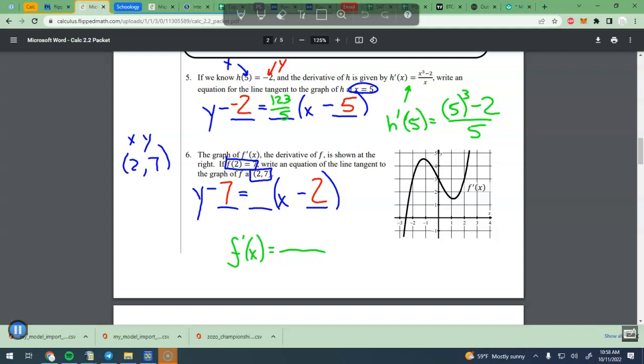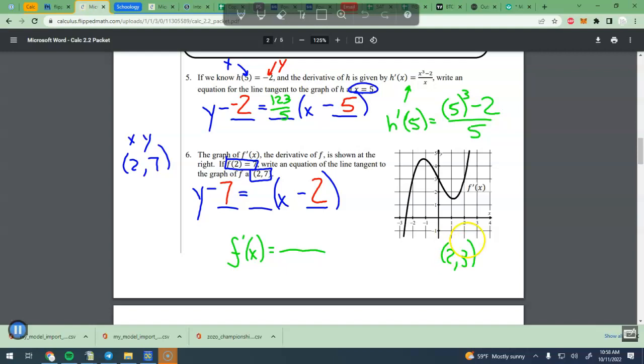So this is your derivative. So be careful, because you don't want the slope of this. If you take the slope of this, you are taking the slope of the slope, and now you're at the second derivative, which we will get to, but I don't want to get there yet. All I'm saying is if the x value is 2 on this graph, what's the y value? It's 3.